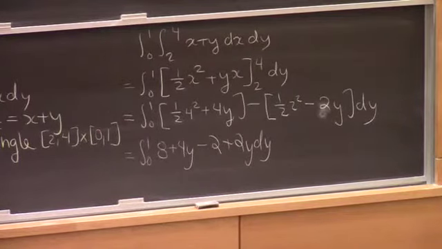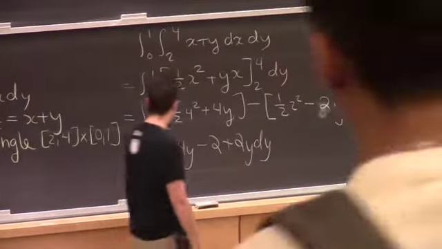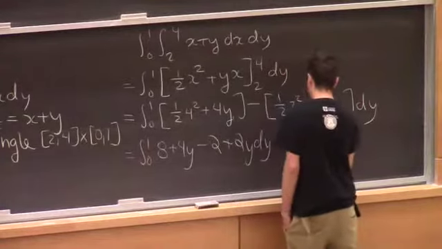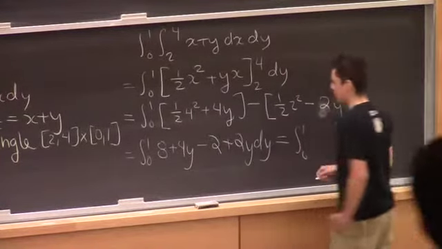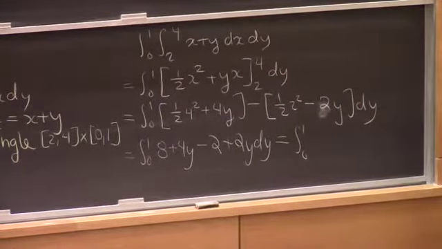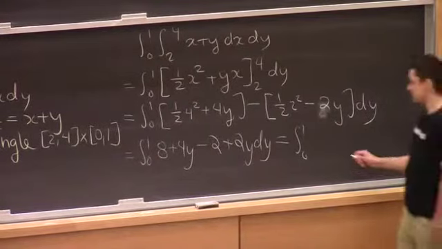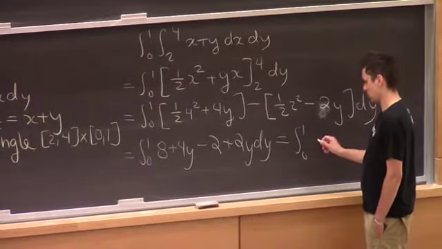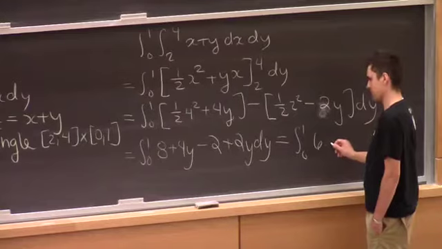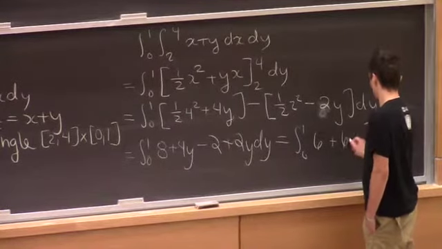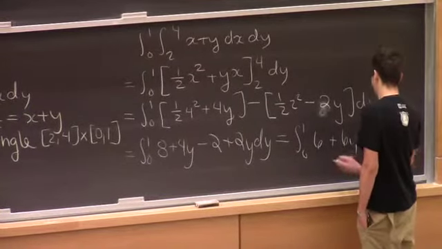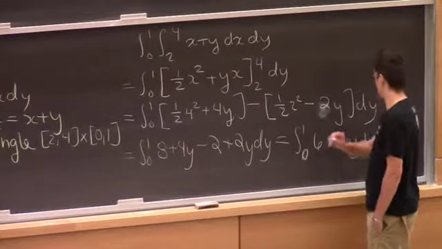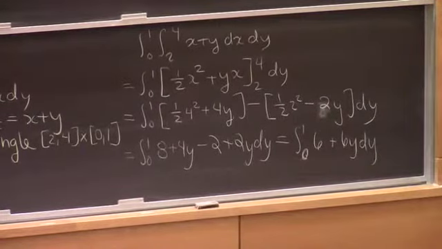Okay, and now we've got it down to a place where it's a one variable integral, 0 to 1. And that will be 6 plus 6y dy.